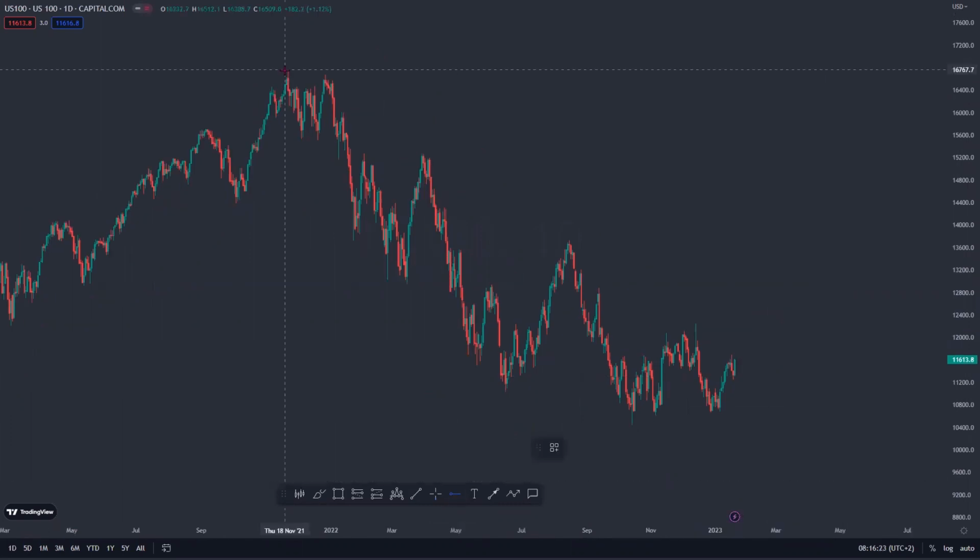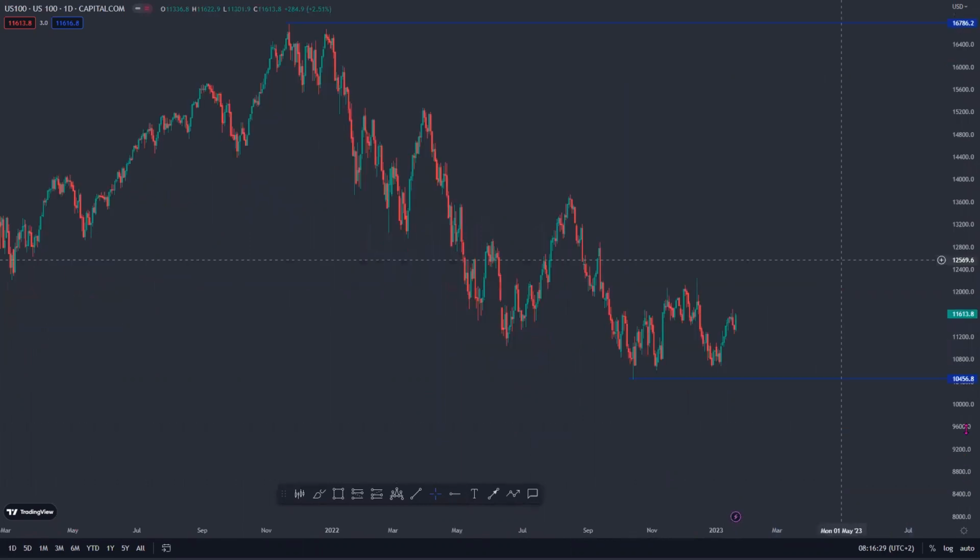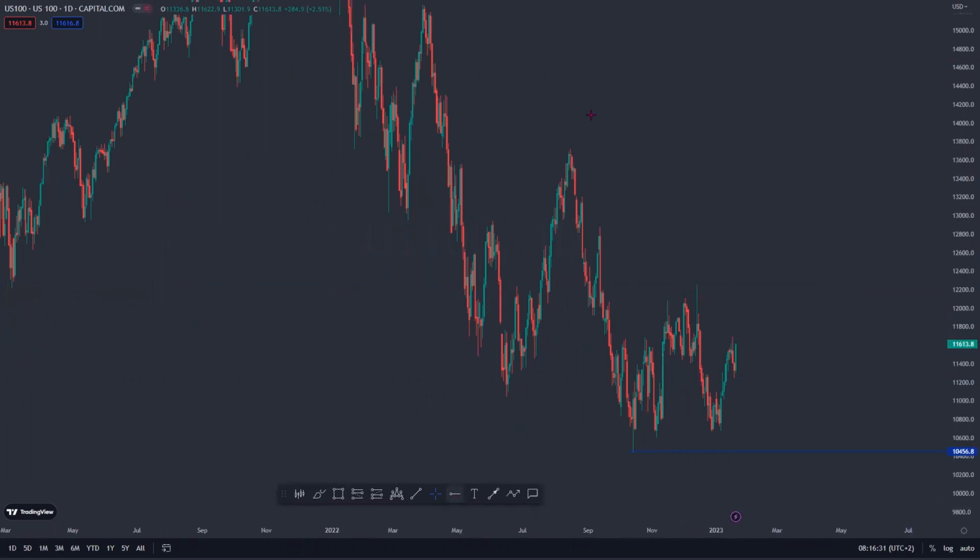You mark your highest high and your lowest low, which is this one, an important key level, which is this one, and this one also, and this one also. So let's go straight to 4 hour.